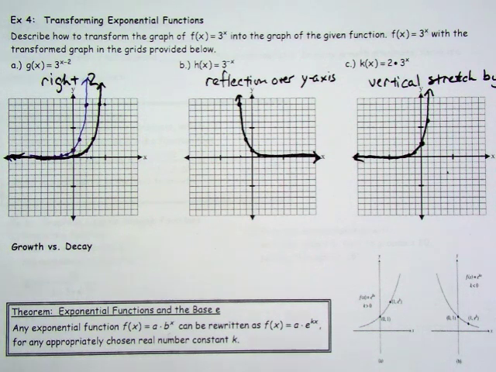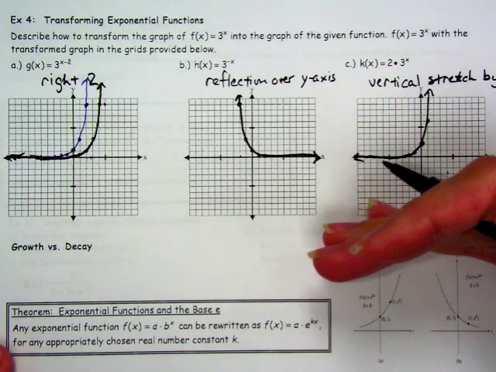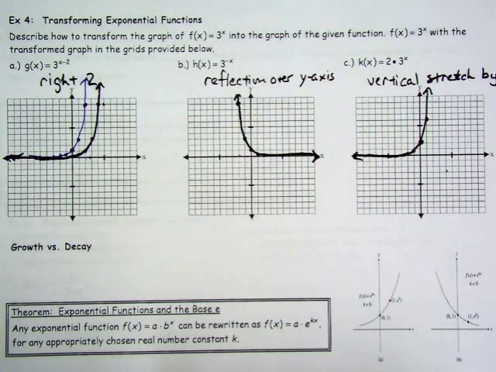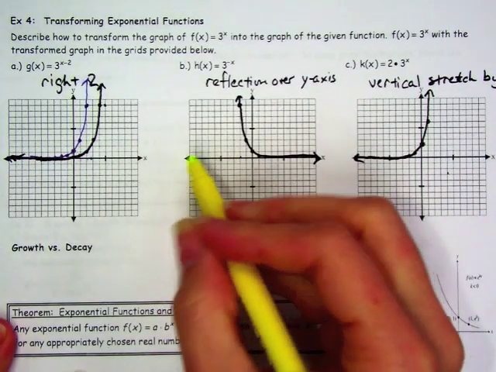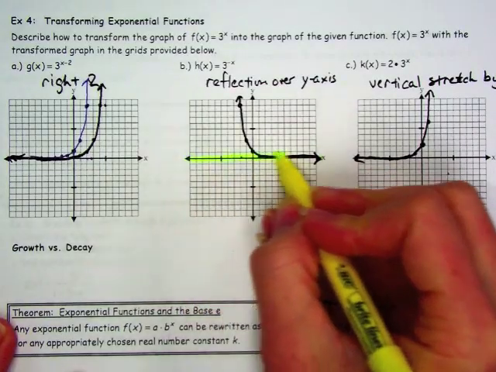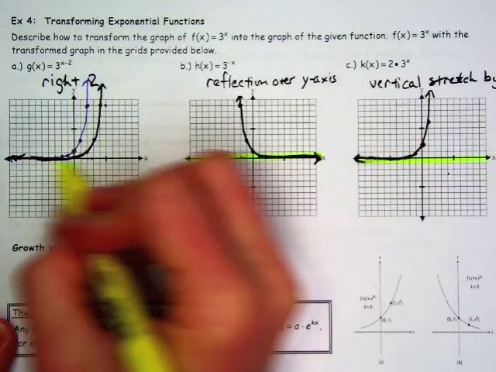Okay, so we have the transformations to pay attention to as we think about our exponential functions. If the whole graph is shifted up or down, this horizontal line, which ultimately is an asymptote, we do have a horizontal asymptote on these. For all of these, it starts at y equals 0. It doesn't cross that line at y equals 0.